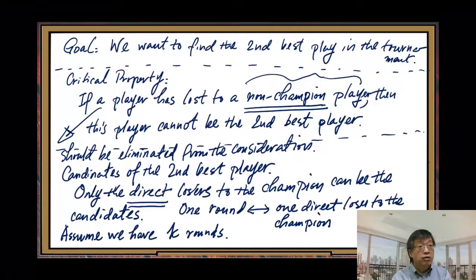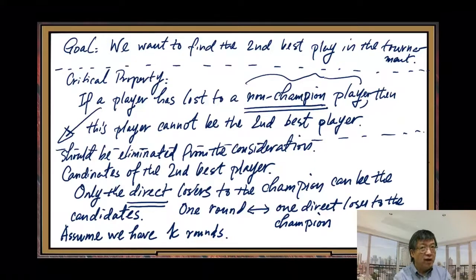Because they want to save resources. They want to make all the players play each other and do the eliminations, but at the same time make the number of rounds as small as possible. But still, all those rounds should cover all the players.